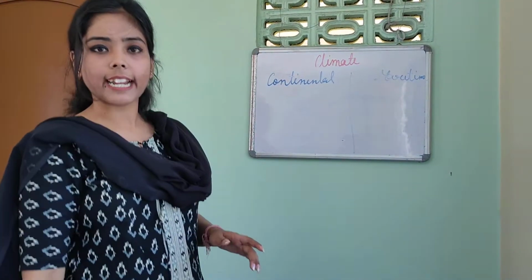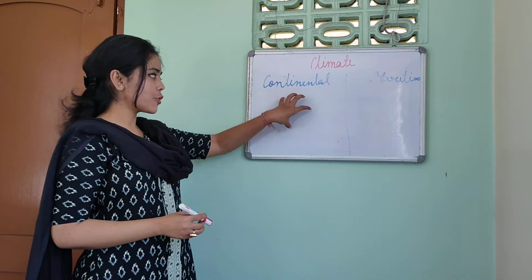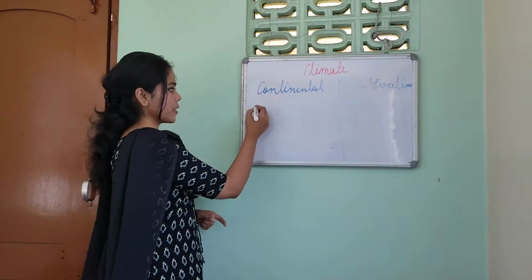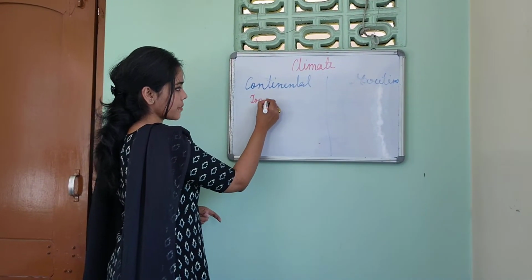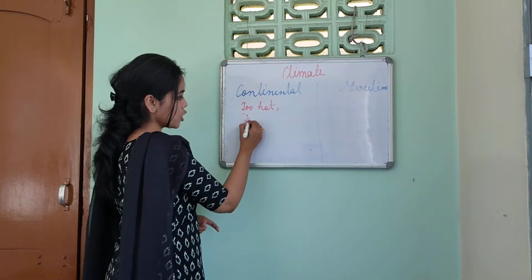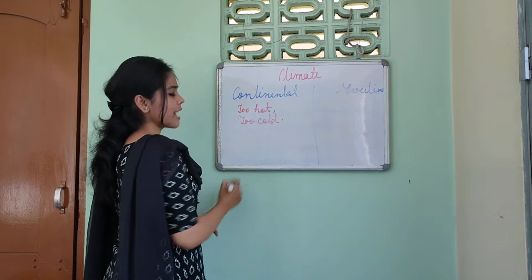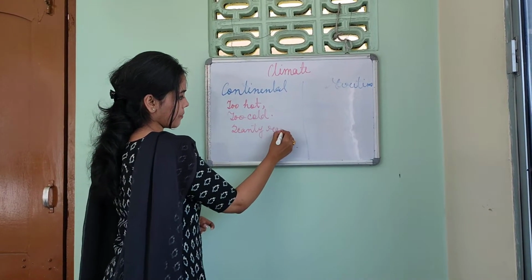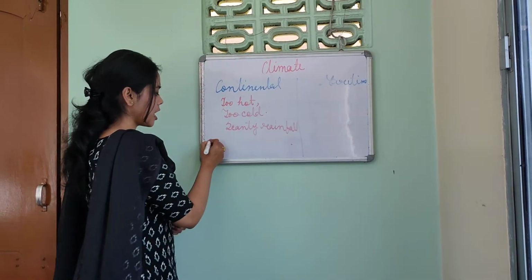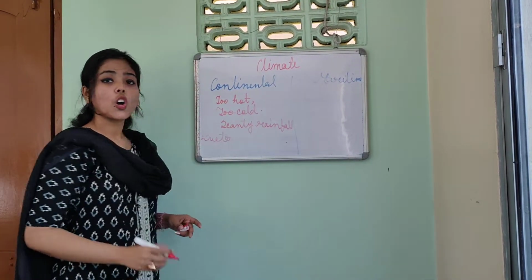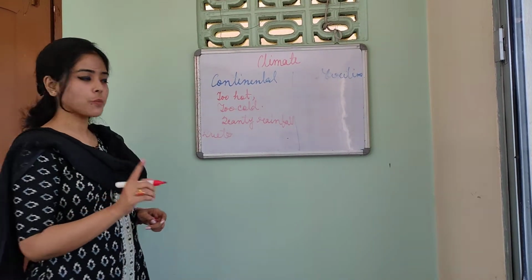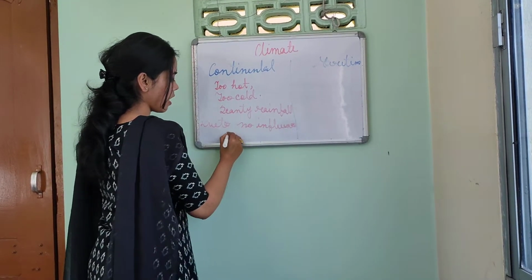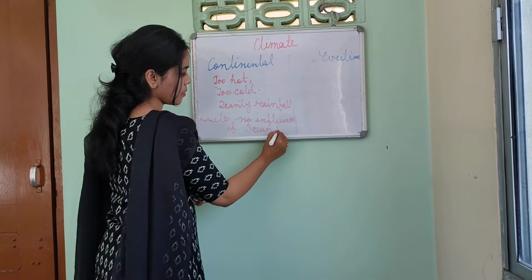Continental means basically the region that is surrounded by landmass. That's why this region will experience it too hot and too cold, and rainfall will be scanty, because of no influence of the ocean body.